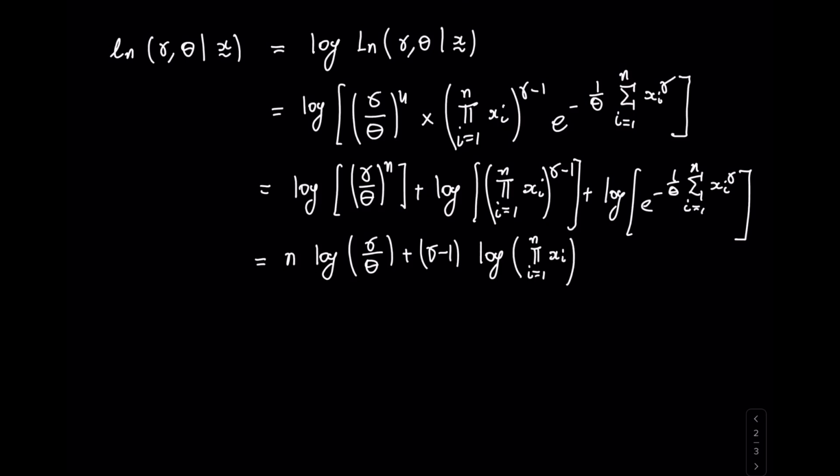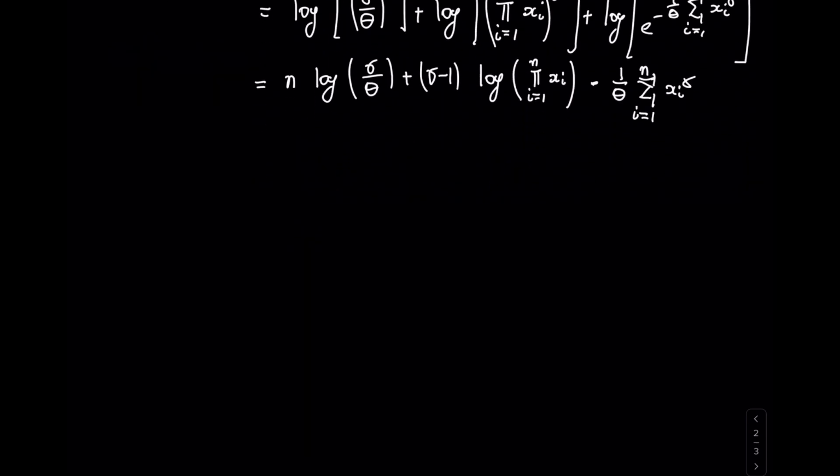And here we've got a nice particular formation in that we've got log of an exponential. And when you take log of the exponential, you're just left with the power inside that exponential. So that collapses to minus 1 on theta, the sum of i equals 1 to n of xi to the gamma.